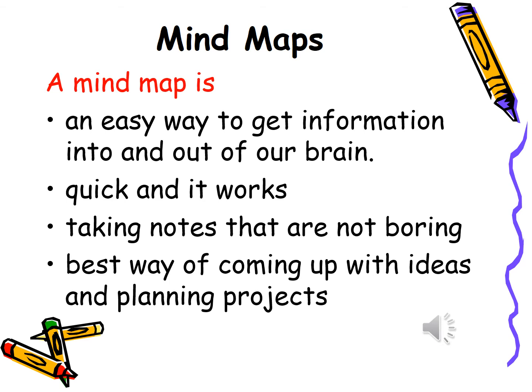A mind map is an easy way to get information into our brains when we are learning and out of our brains when we are working. It is a quick way to learn and it really works. It's a quick way to take notes that are not boring because you are interested in what you are doing, and it's one of the best ways to come up with ideas and planning projects.